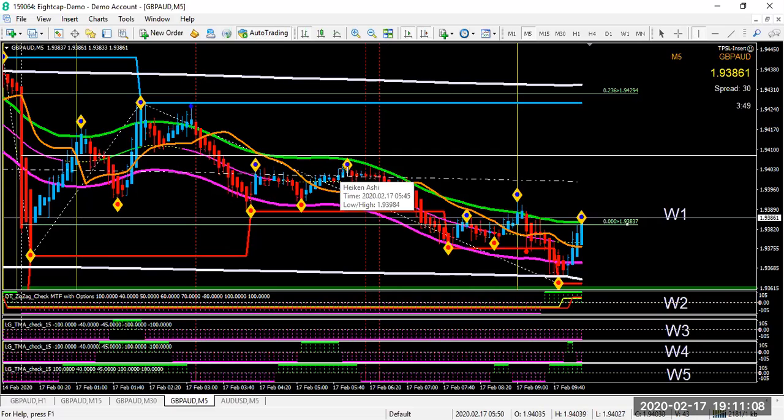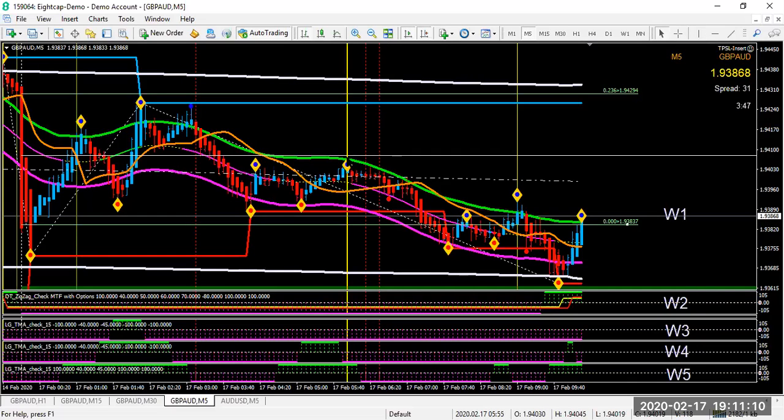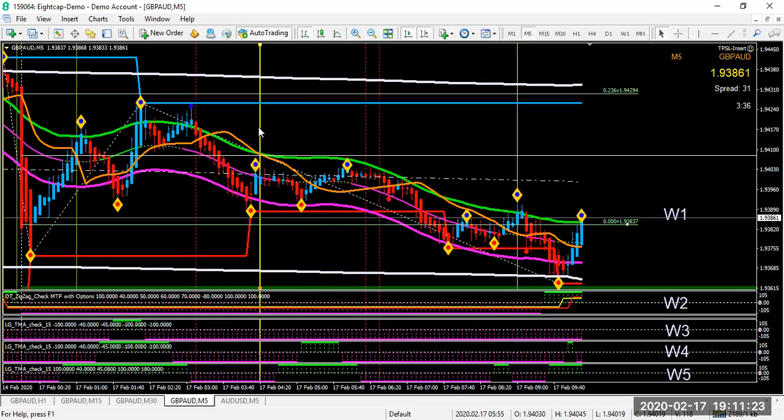Oh, we can use this diamond. So that diamond is not qualified. Oh, the orange line needs to be above. Let's go to that one.